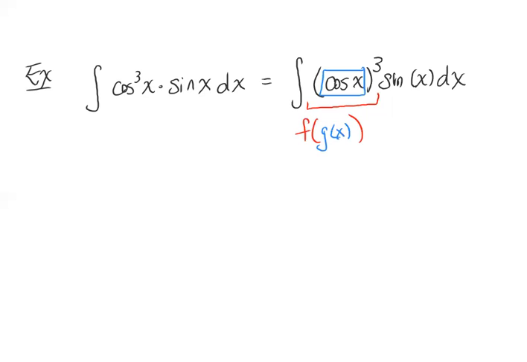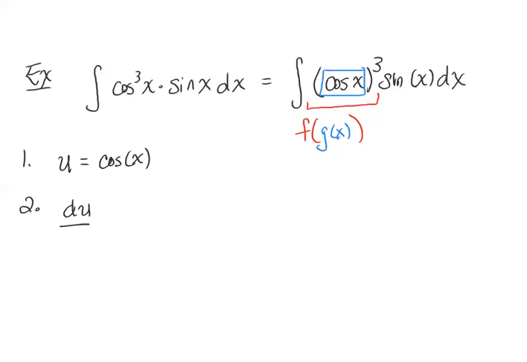So now that I have that, I can do step 1. I can say that u is equal to that g of x portion, which is the cosine of x. Okay, so that I have the cosine of x is equal to u, which means I can use that to find du.